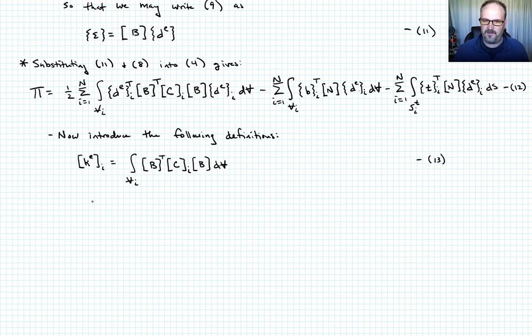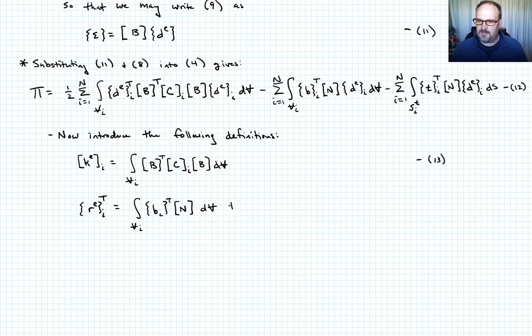And then I'm also going to define something I'll call Ri, okay, which is similar to what we've talked about before. So this becomes integral Vi now times bi transpose times N. And I should mention this must be a transpose, dV.